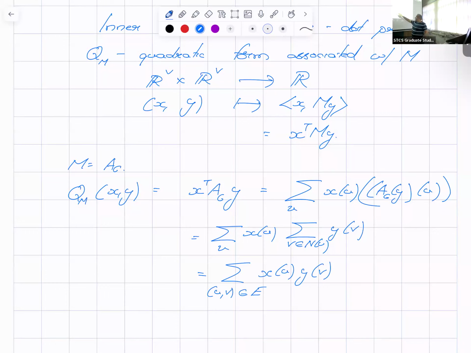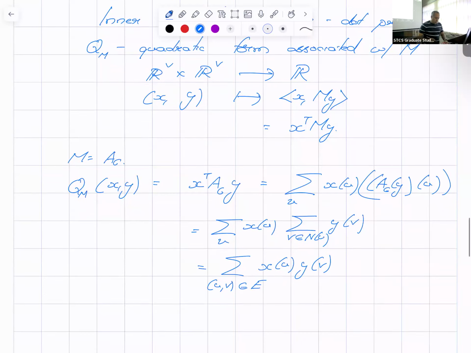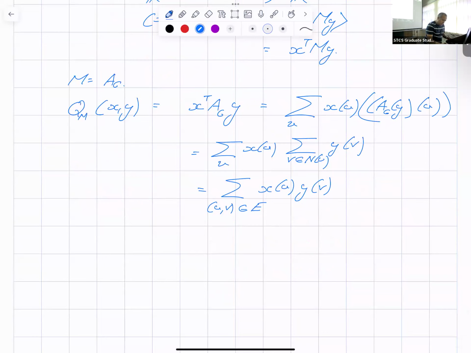So this is exactly summation of x_u times y_v for every pair uv that belongs to the edges. One thing to remember is that a pair is going to be counted twice, because when I choose u, you will come here, and when I choose v, you will come here as well. So this is actually over ordered pairs. Every pair will be counted twice in this.